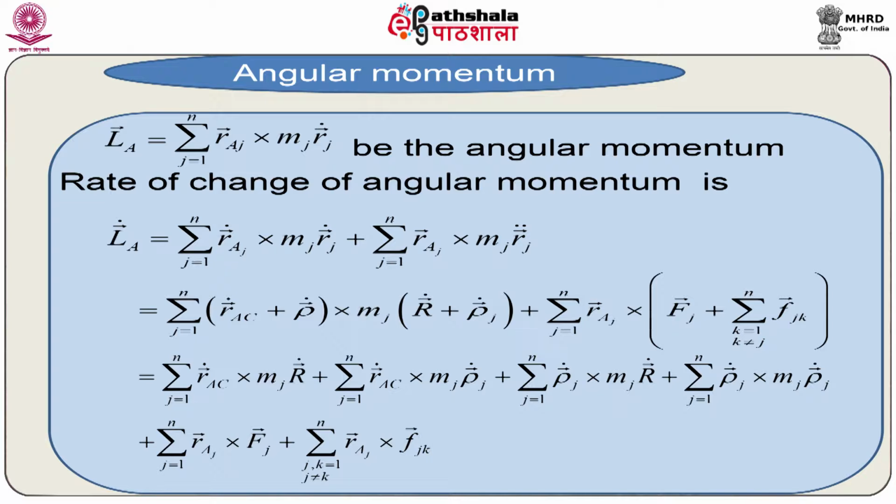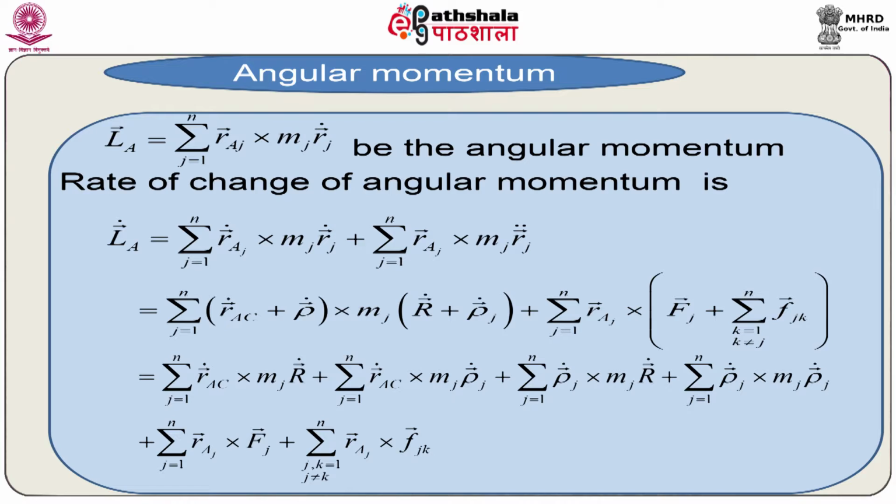If we consider the rate of change of angular momentum, then we get L_A vector dot, that is d/dt of L_A vector. This gives the derivative of this one, fixed, plus this fixed and the derivative of this one, which has been written here.